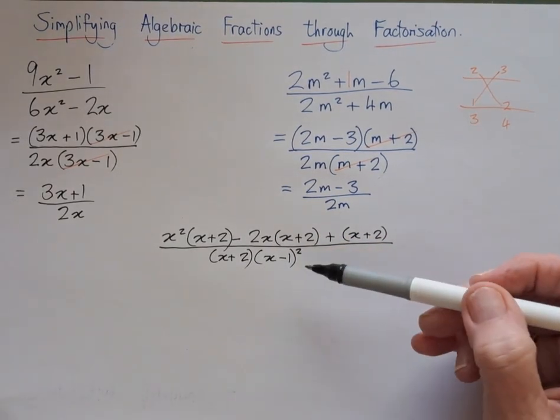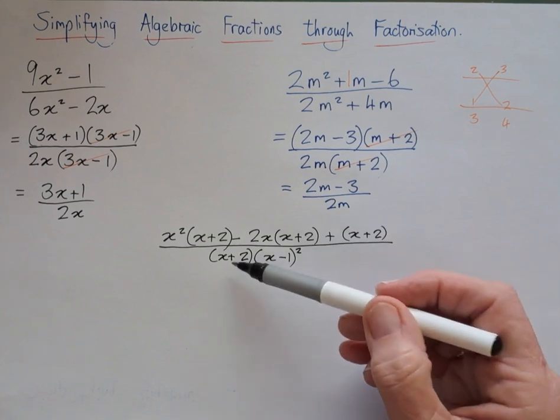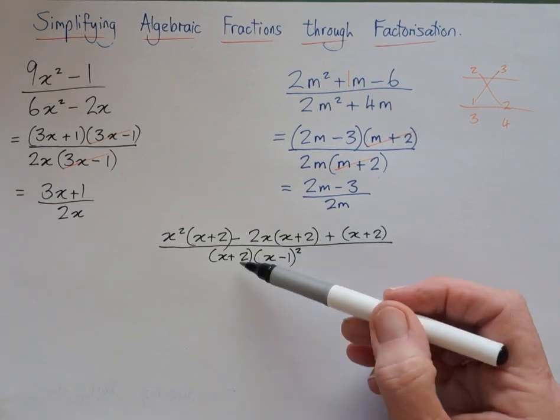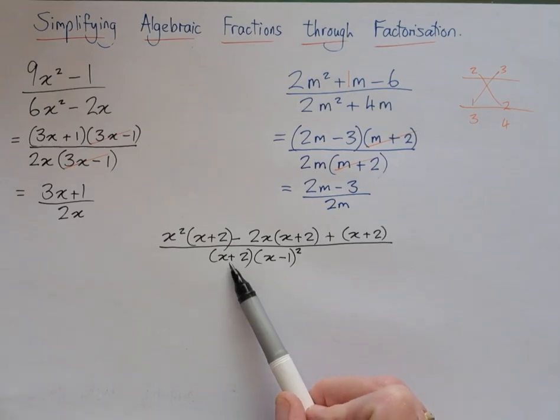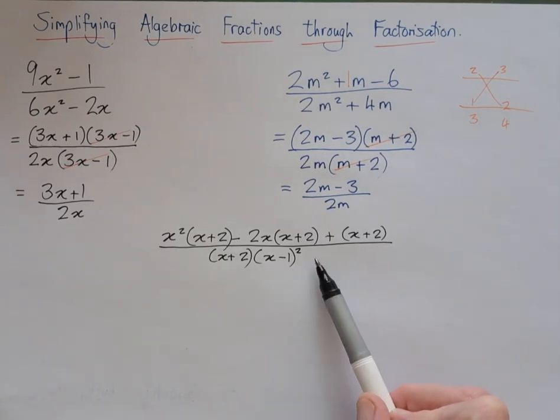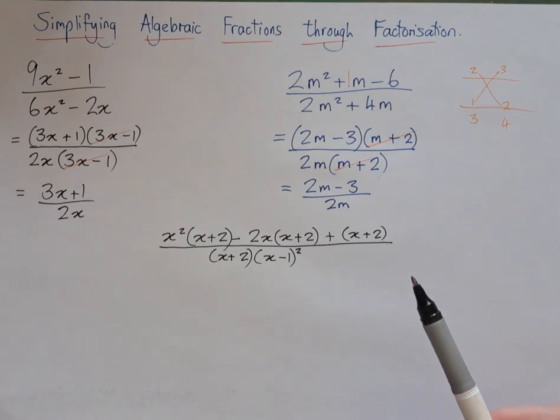Well, if we look at the denominator, it has already been factorized. Basically, it's in brackets. What this is really meaning is a bracket of x plus 2 times a bracket of x minus 1 times another bracket of x minus 1.